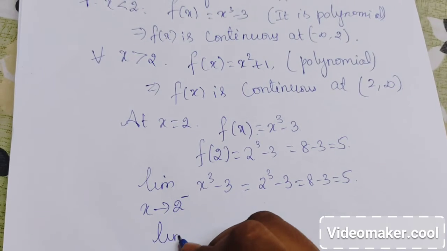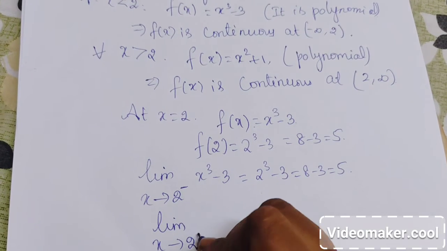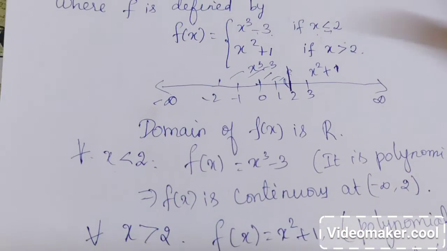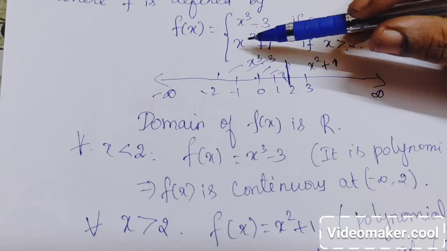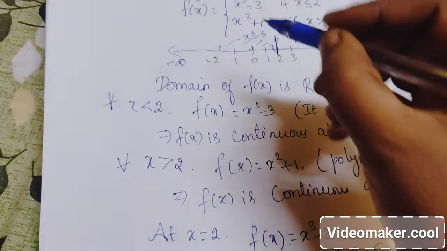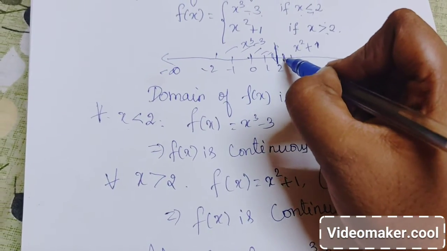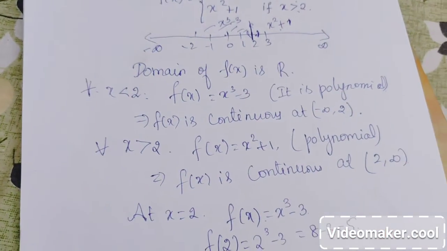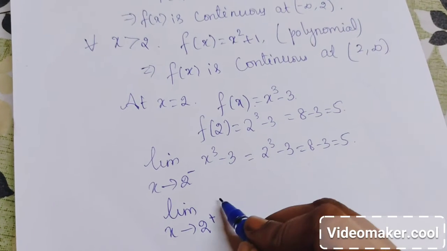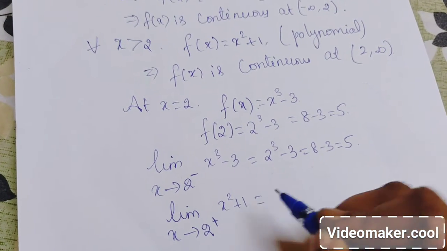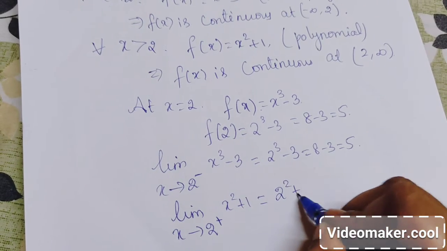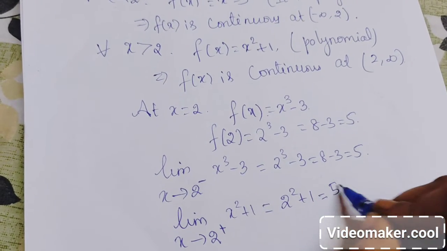Now we will consider limit x tends to 2 from the right hand neighborhood. In the right hand neighborhood of 2, the function is x square plus 1. So we will substitute x as 2 in the expression, 2 square plus 1, and we get a final result of 5.